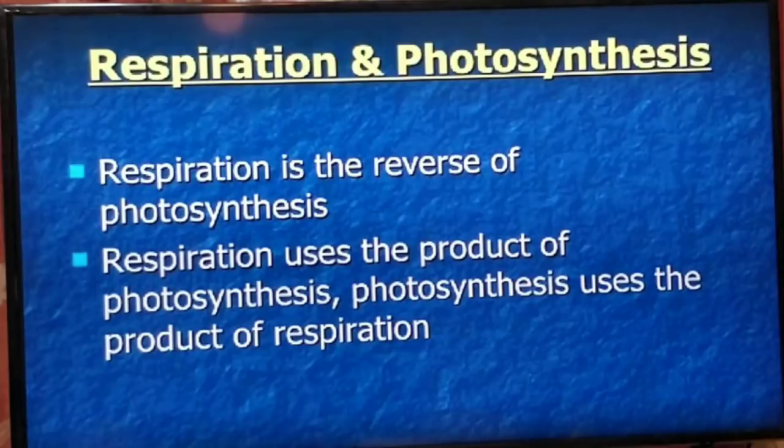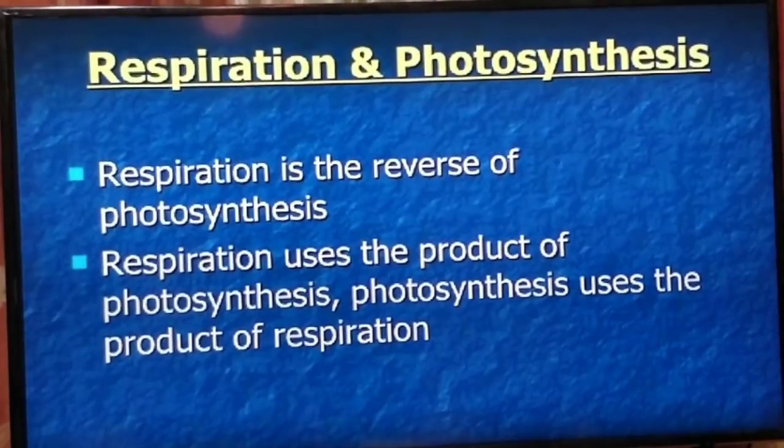The product of respiration is carbon dioxide, and this carbon dioxide is used up by photosynthesis to make its food, and oxygen is the byproduct. The oxygen, which is the byproduct of photosynthesis, is used up by respiration and it releases carbon dioxide.